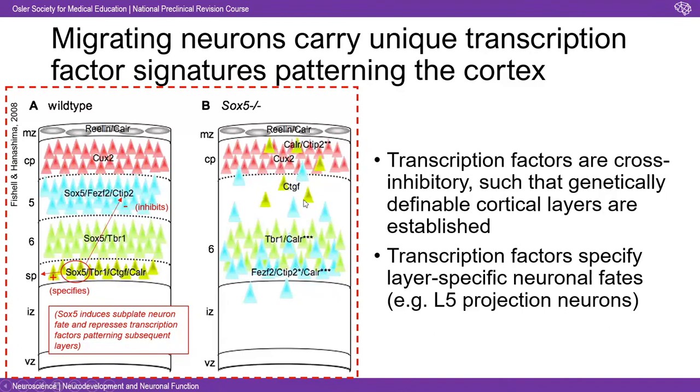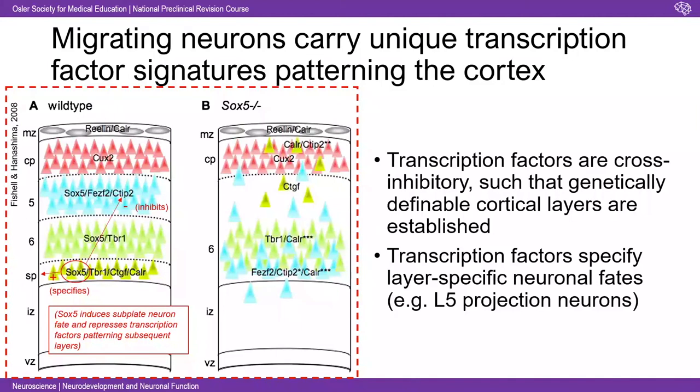And that's why this idea of cross inhibition of the transcription factors in the cortical layers is useful, to help convert those waves of migrating neurons, which is a kind of temporal code, if you like, into a place code, which is genetically defined.